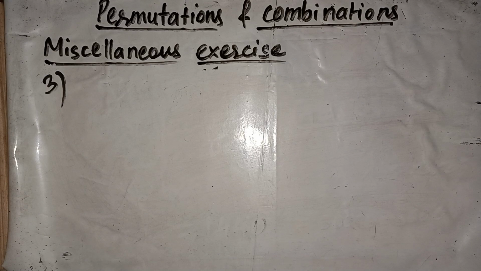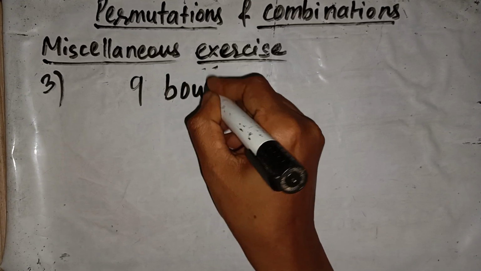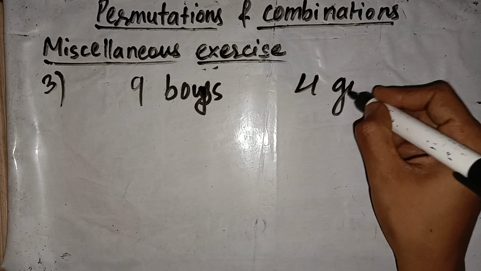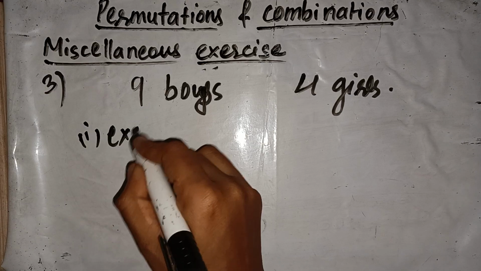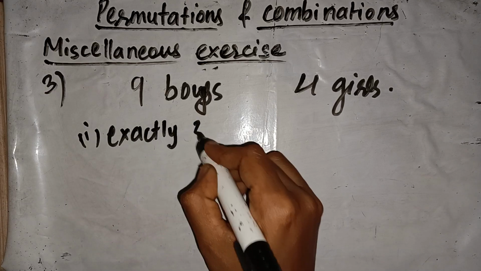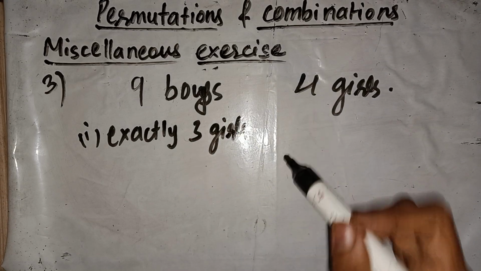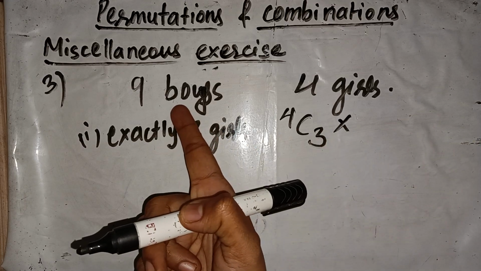So first, exactly 3 girls. If you are choosing exactly 3 girls out of 4, then it is 4C3, and the remaining are boys.